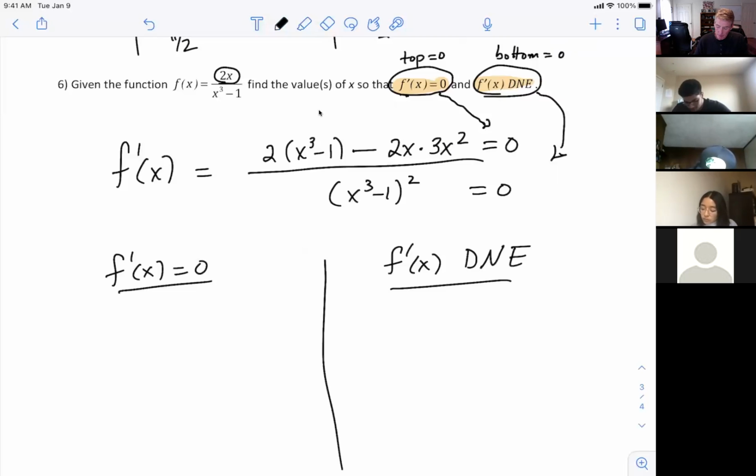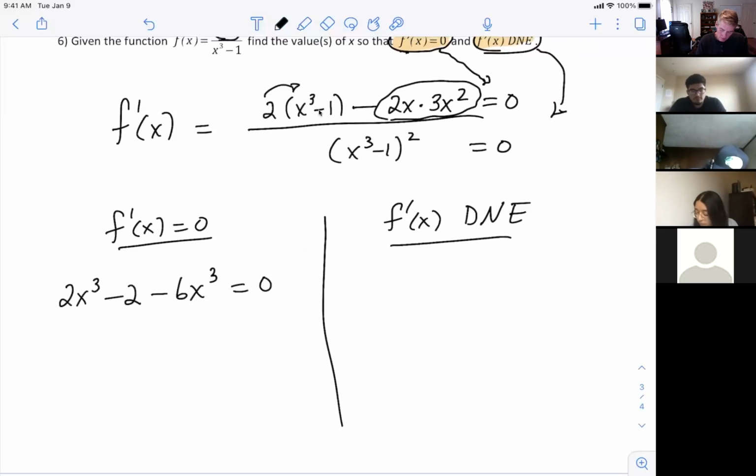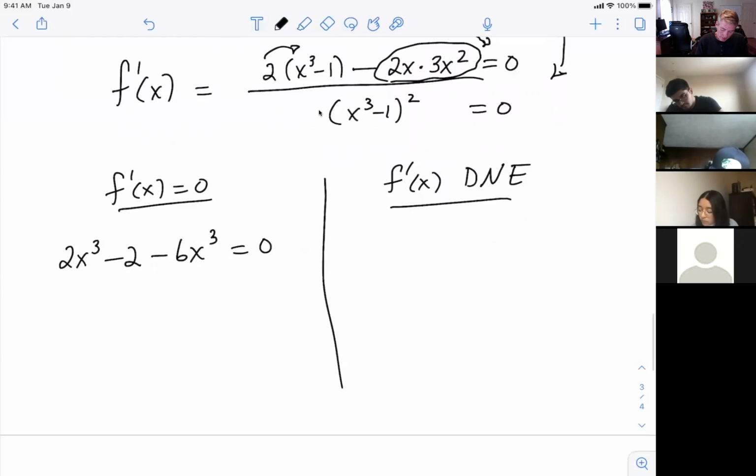So then I could just separate that into 2 separate problems. When does the top equal 0? So I would go ahead and distribute this. So there would be 2x cubed minus 2. And then this would be 6x cubed, but minus, so minus 6x cubed. And then for that one, if you combine like terms, that's going to be negative 4x cubed.